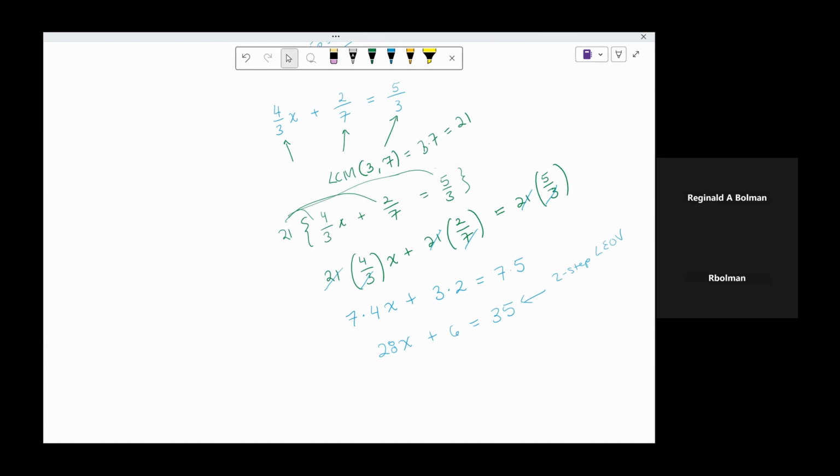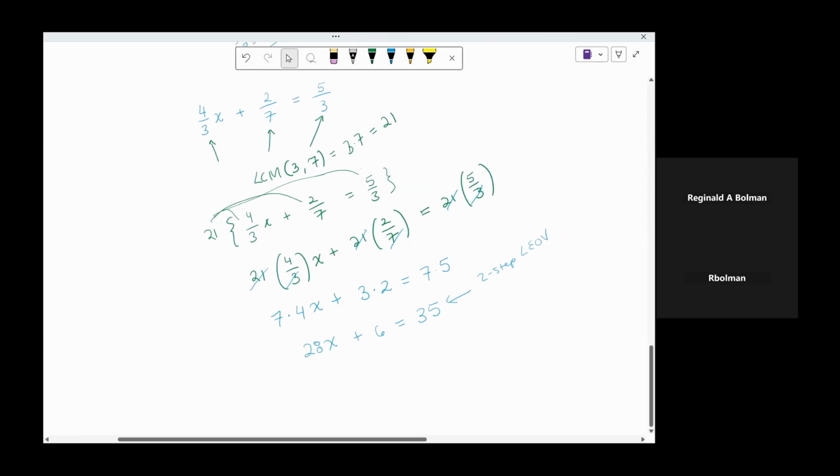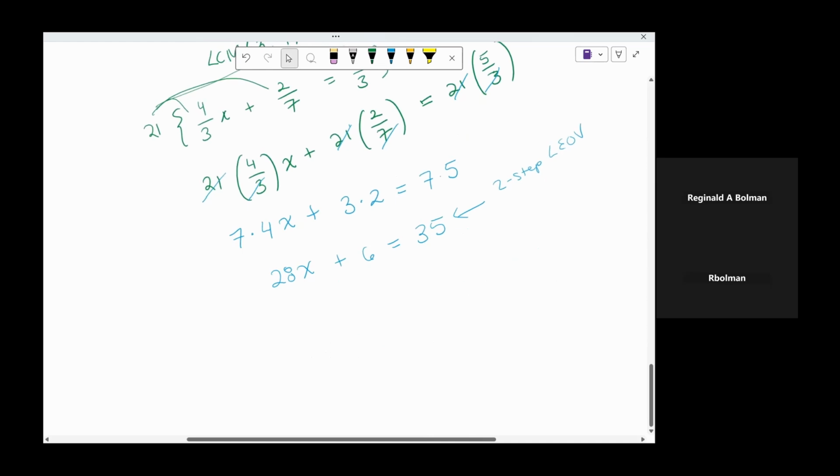So you have to actually practice with this technique to get good at it. But assuming that you pulled it off correctly, you will be left with a two-step LEOV now, but you don't have any fractions. So it's much easier for you to deal with this problem statement.